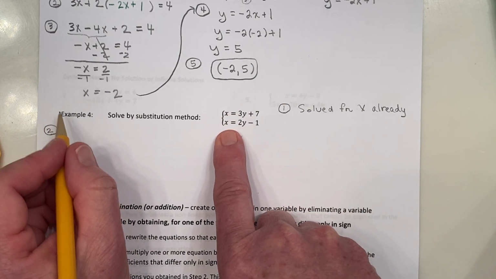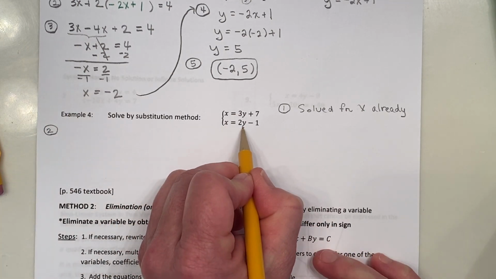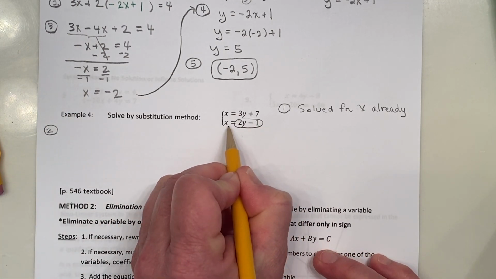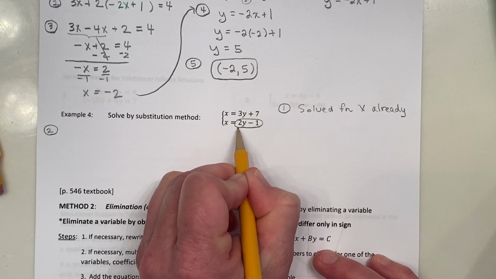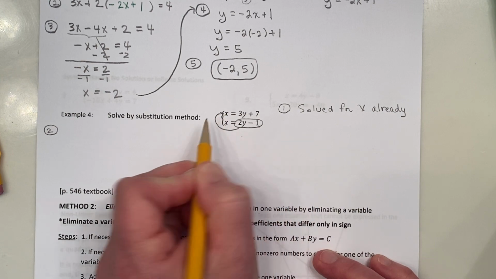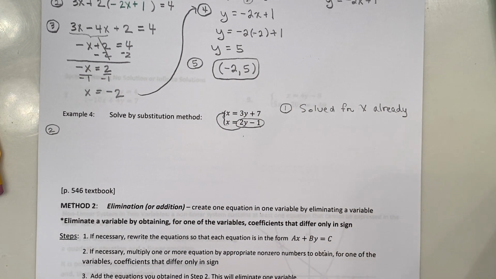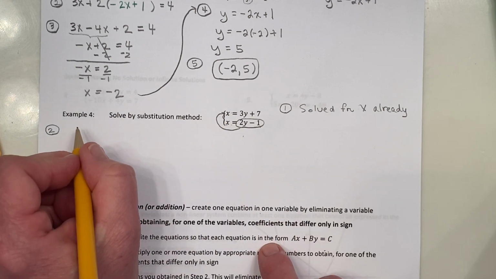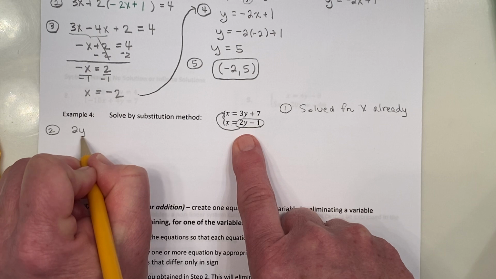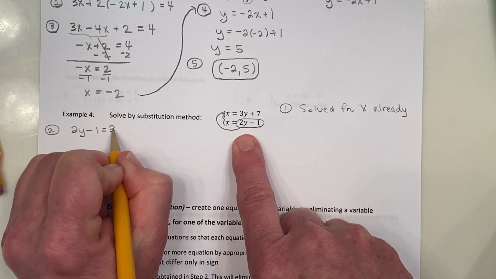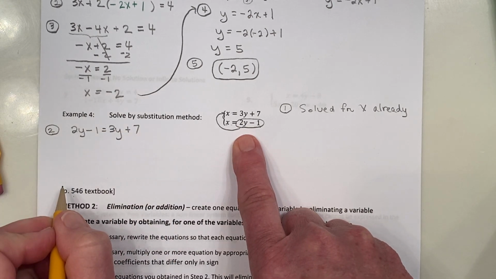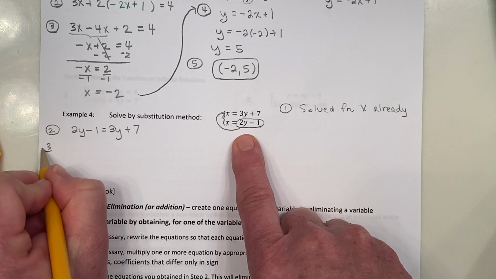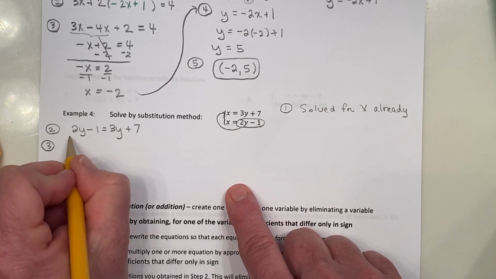So over here for step 2, if they're both equal to x, then what I could do is take x equals 2y minus 1 and replace it in for this x right here. In effect, you're just setting these two equations equal to each other since they're both equal to x. Now let's solve this equation for y.